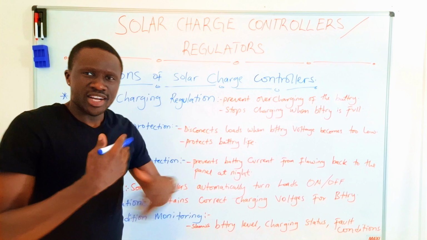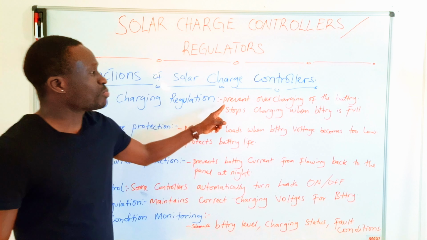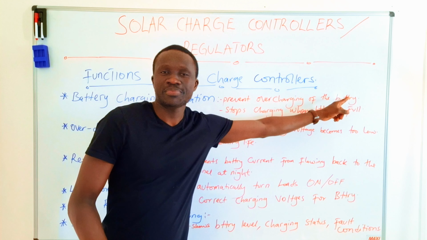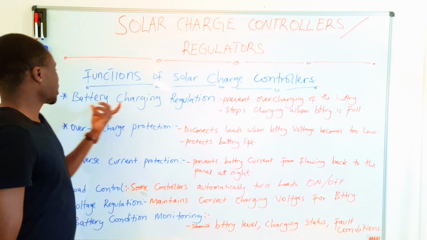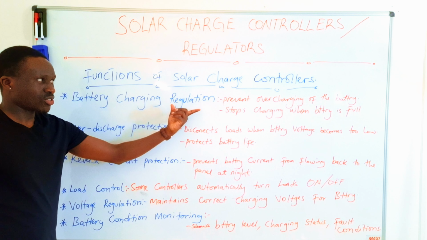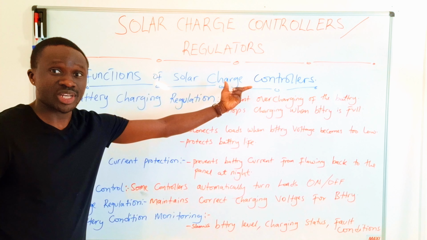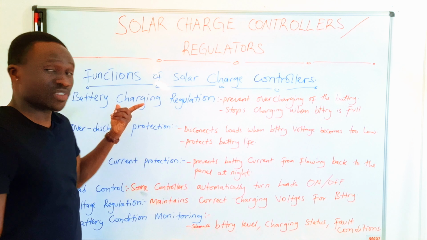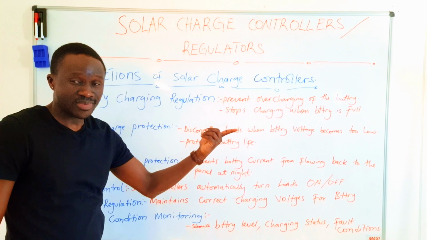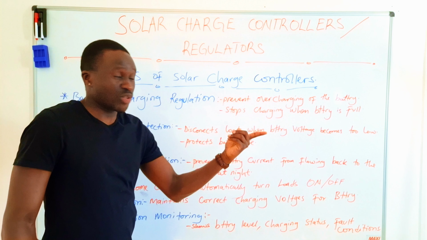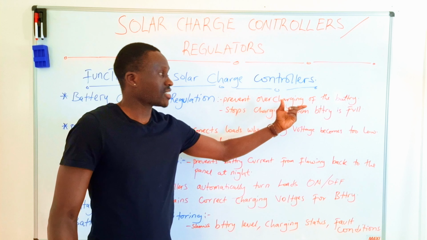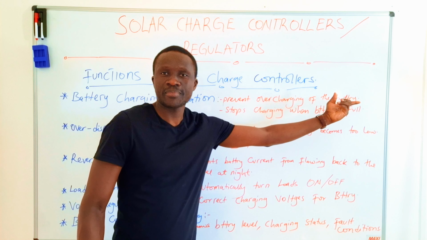How does it regulate? To prevent overcharging of the battery. One of the points on battery charging regulation is that the charge controller regulates the charging of the battery to avoid, or to prevent, overcharging.